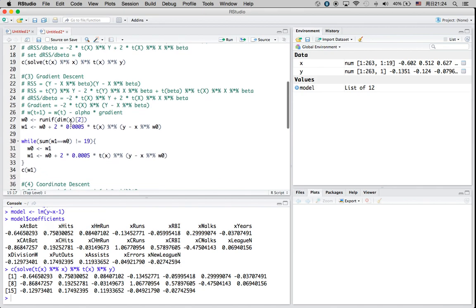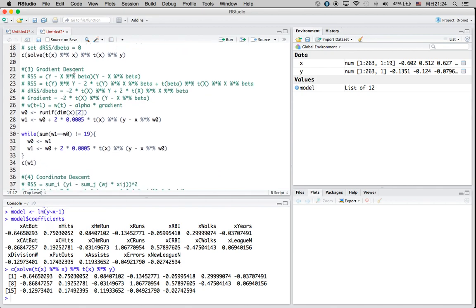The next technique I'm going to talk about is gradient descent. Gradient descent is basically a way that you update your variable, or your coefficient, sequentially.